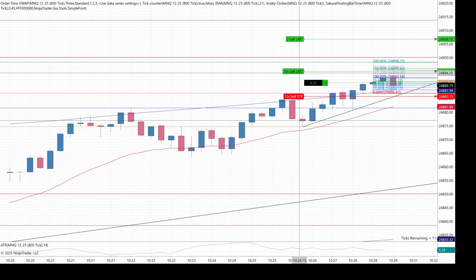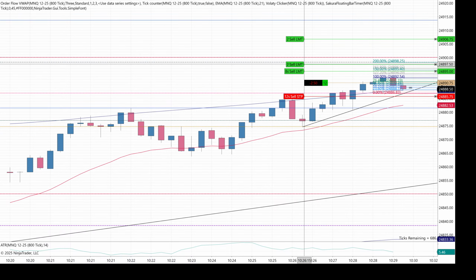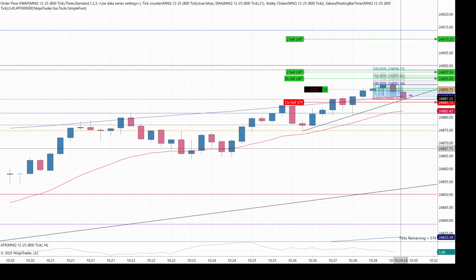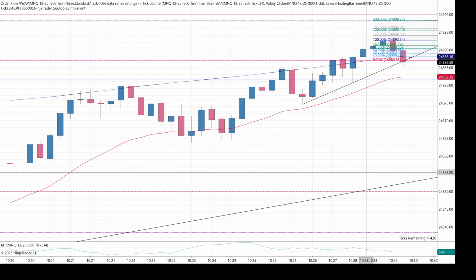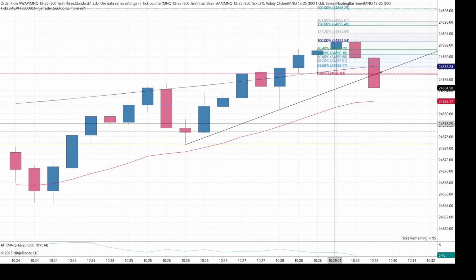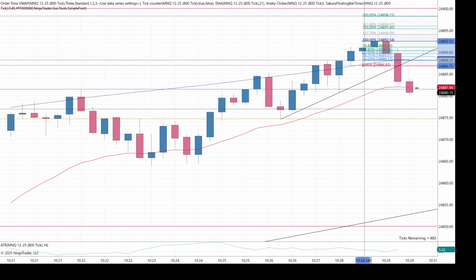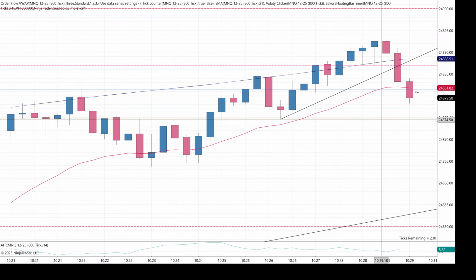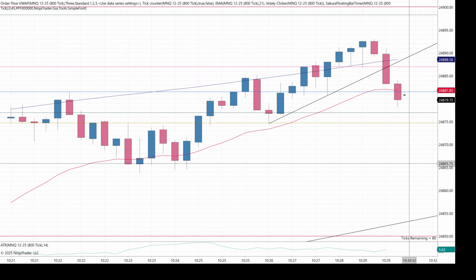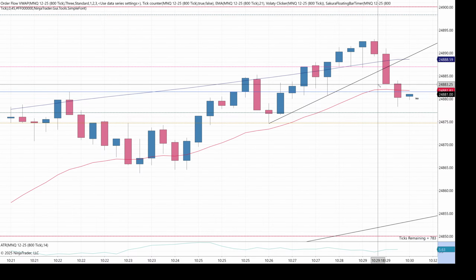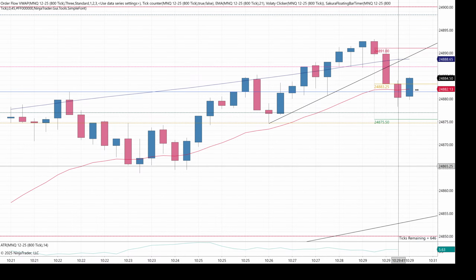Okay, added here. And I think we're gonna get stopped out. Yep. All right, my first stop loss on the day. Okay, this is a bearish trigger here.